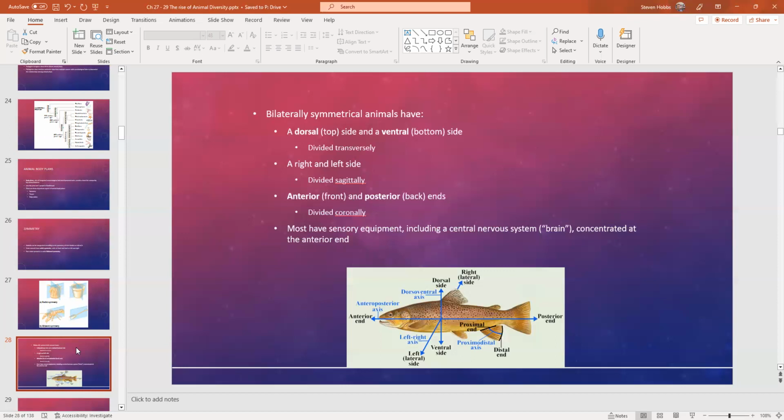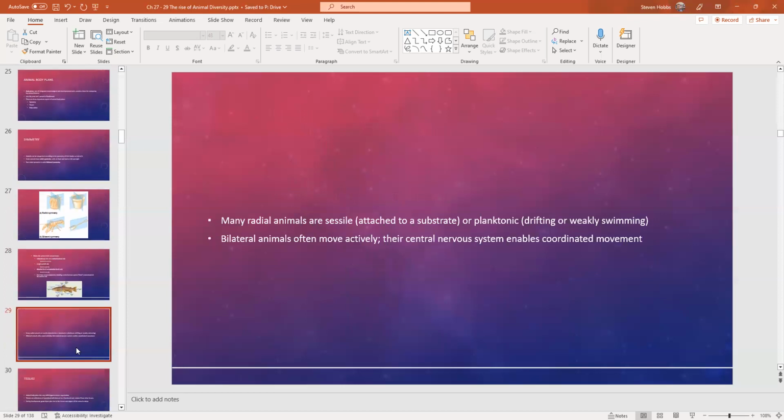Now, in most animals that are bilaterally symmetric, the sensory equipment, the eyes, the ears, and so on, are going to be involved in the anterior end because that's how they're going to interact with their world. The posterior end is going to be used for propulsion. Now, radially symmetrical animals are generally sessile, or at least temporarily sessile.